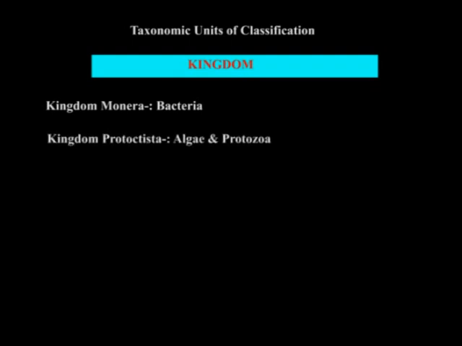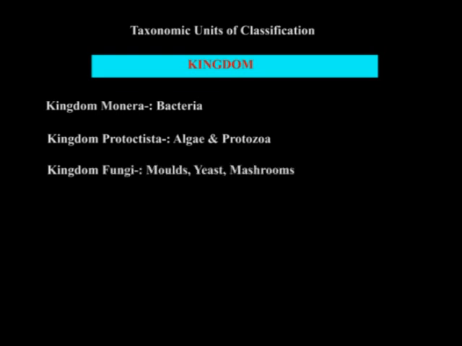The kingdom. Living organisms are grouped into 5 kingdoms. The first and the most primitive kingdom is that of Monera. Kingdom Monera is the kingdom of bacteria. Kingdom Protoctista, whose members include the algae and protozoa.